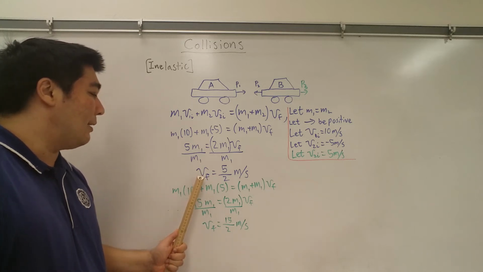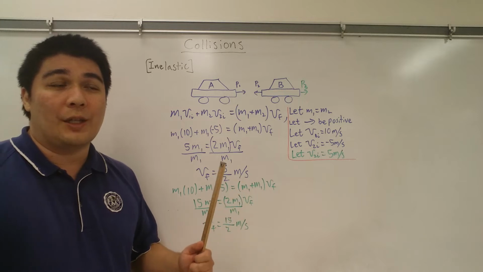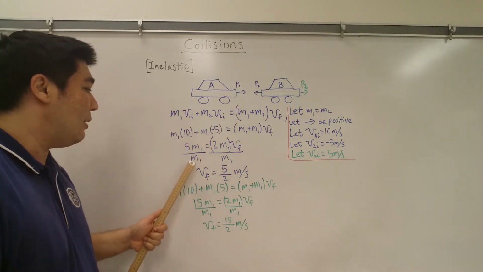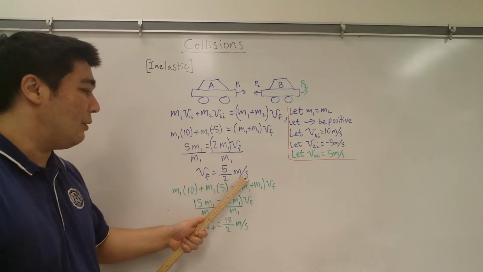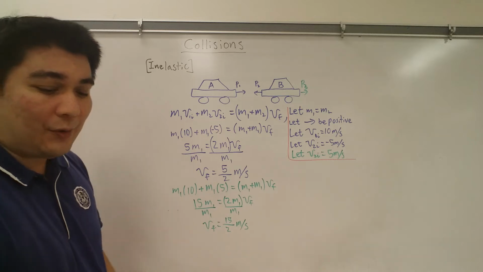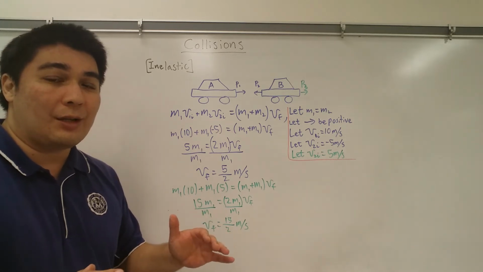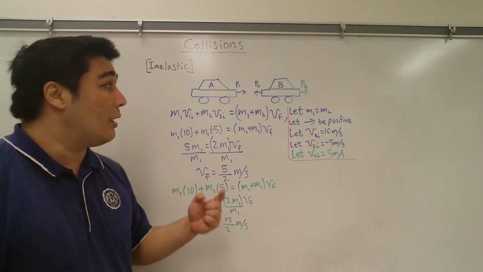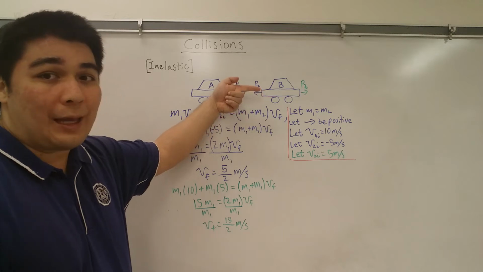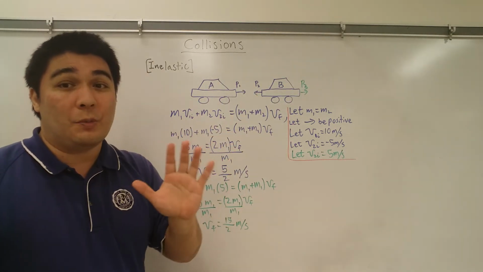We'll be going through with the assumption that there is mass for both of these cars. So your final velocity will be 5 divided by 2, or 5/2 meters per second. What that basically means, if you look at the change in momentum for each individual car, is that car A smashed into car B and continued to go forward, albeit at a much reduced rate.